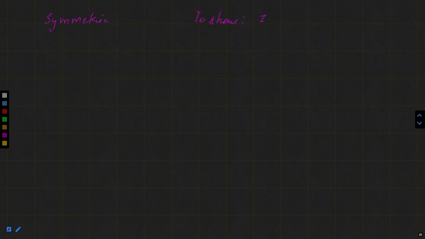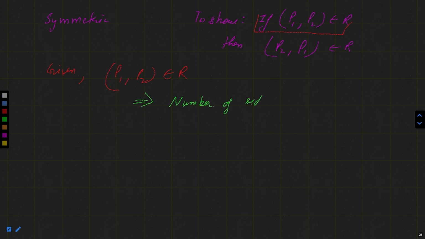If (P1, P2) belongs to the relation R, then we must have (P2, P1) belonging to the relation R. So what are we given? The given information is the if condition, that the pair (P1, P2) belongs to the relation R. From this, we can say that the number of sides in polygon P1 equals the number of sides in polygon P2.